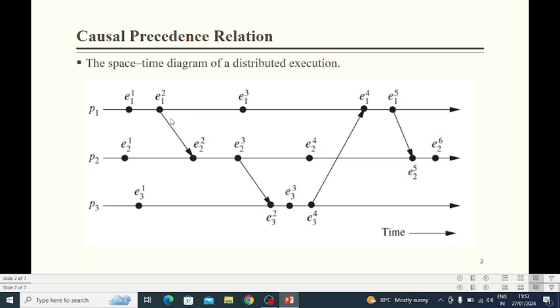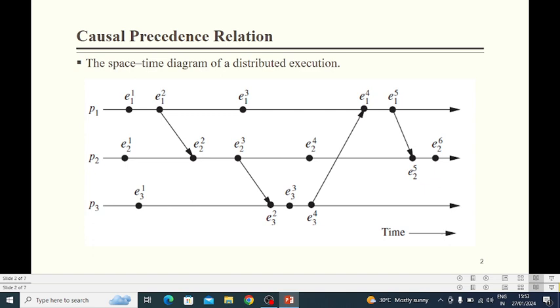But take E31, the third event in the first process, and E33, the third event in the third process. Let's check whether the third event in the first process is causally affecting the third event in the third process or not. Let's check the path in the increasing timeline.